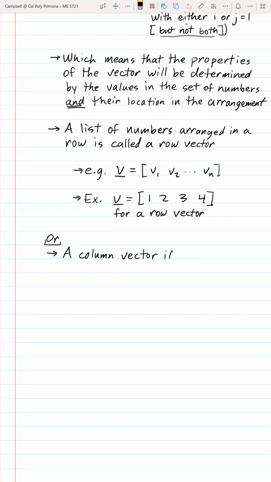So a column vector is if the list is presented as a column.